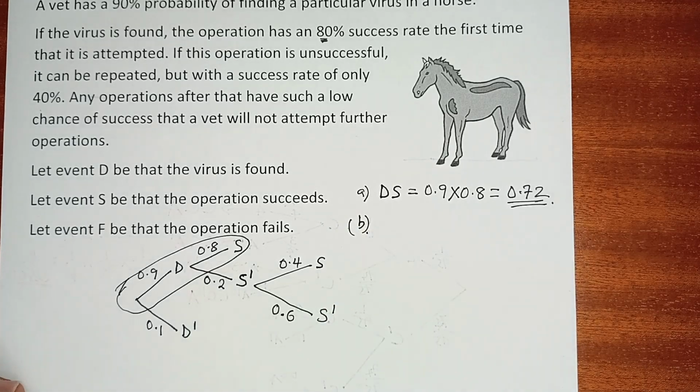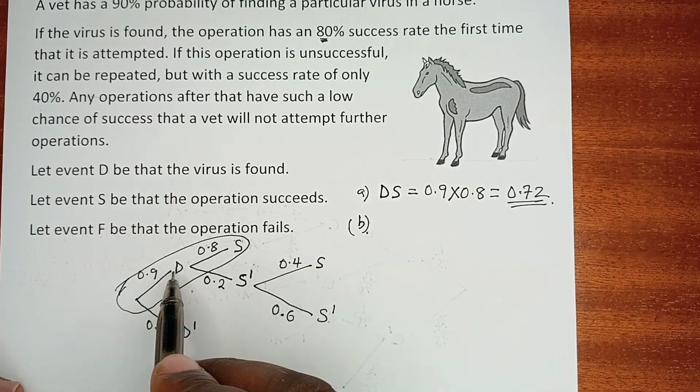Part B of the question is asking, what is the probability that a horse with the virus will be operated on successively by the second operation?